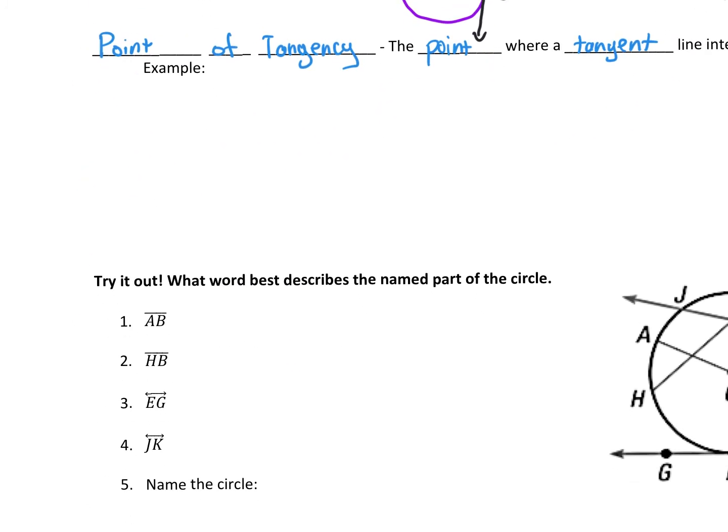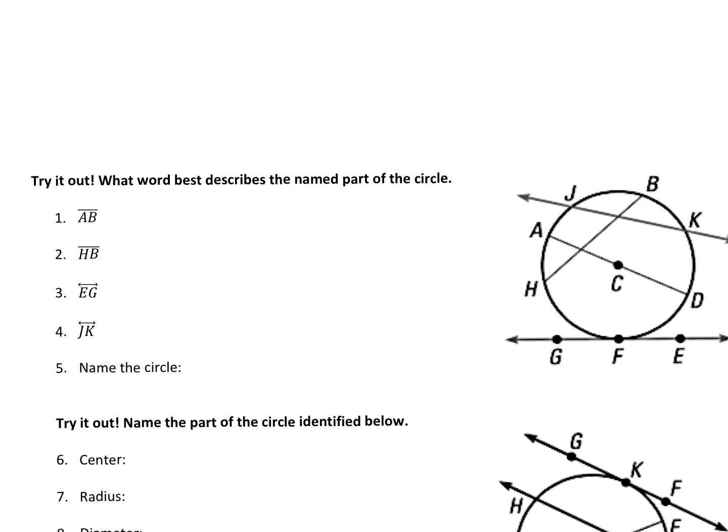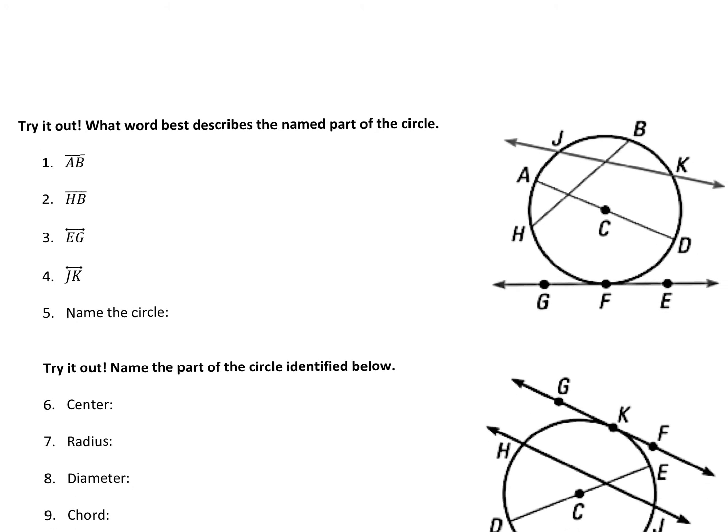Moving on down. So let's try this out. What best describes each part of the circle? So the first one is AB, and it's not AB, it's actually AD. We meant to say AD. AD is a diameter. After that is HB. Notice the line. So HB is a line, and it is a chord.